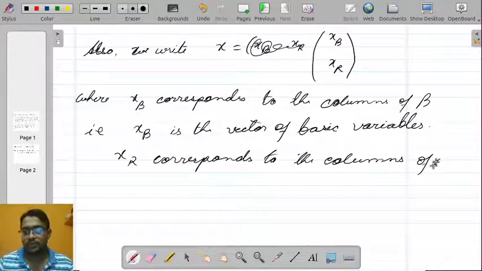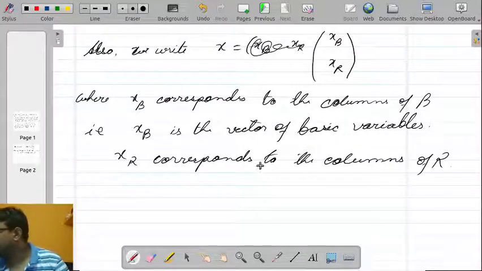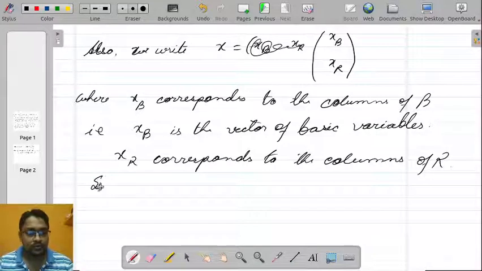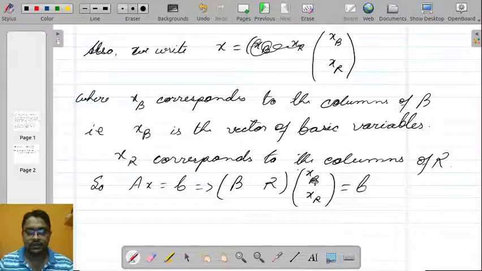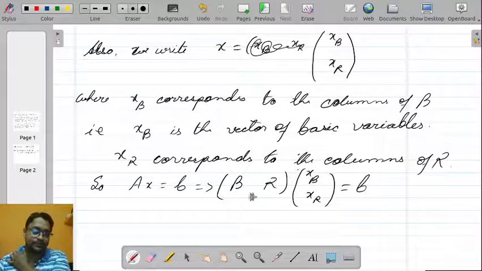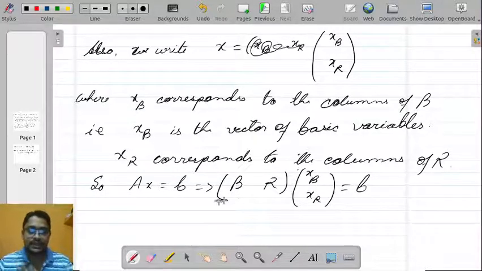So Ax = b implies that A I have written as B R, and x I have written as xB and xR. That means I have taken the basic variables together and the other variables together. So what is xR actually?